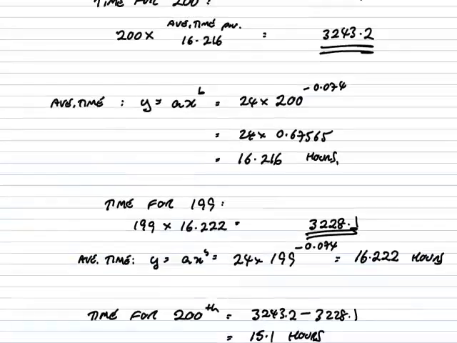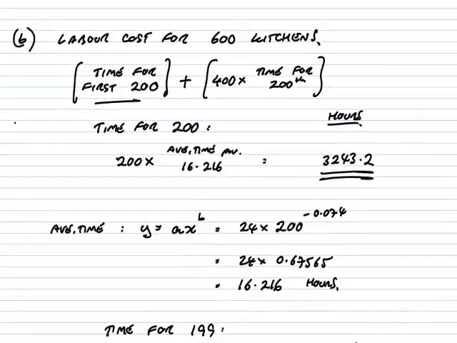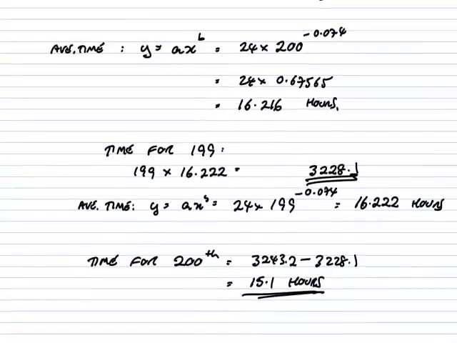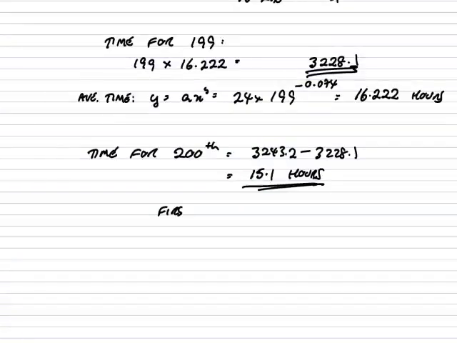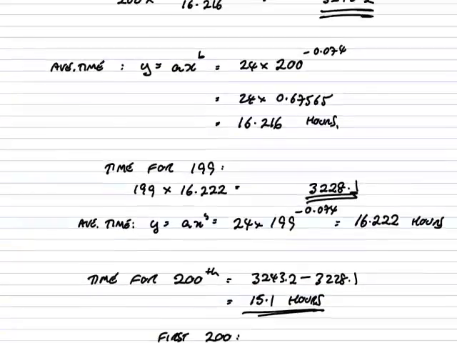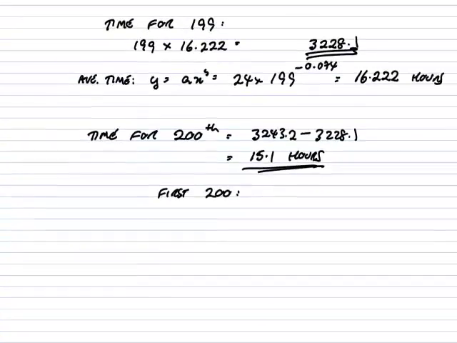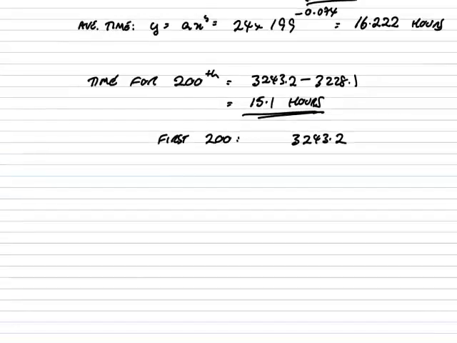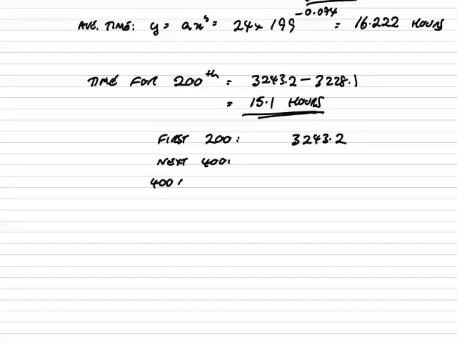And now I can go back to where we started. The time for 600, it was the time for the first 200. Well, we know that. Sorry, going up and down, but 3243.2, the next 400, well, 400 times the time for each one, which was 15.1, is what? 6,040.